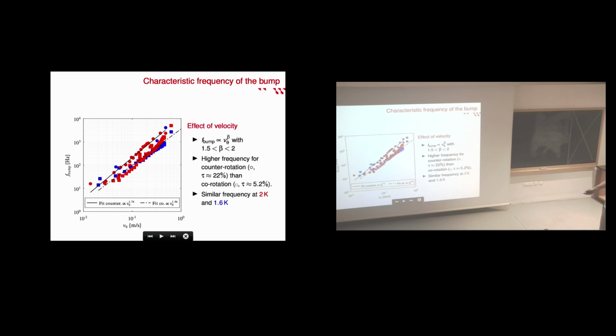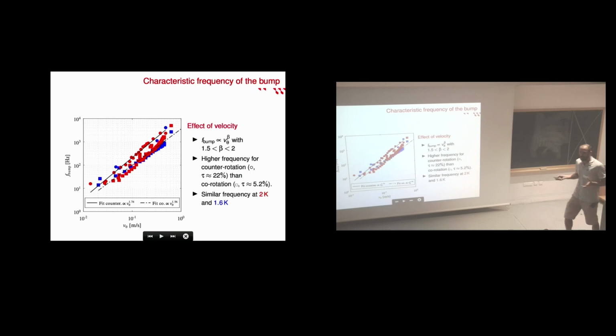As we just saw, it increases with velocity as something that looks like a power law with an exponent between 1.5 and 2. If we change the configuration of the flow in order to have a stronger turbulence, so we push the flow in counter-rotation with a bit of dissymmetry to still have a mean flow, we see that the bump is displaced towards higher frequency again.